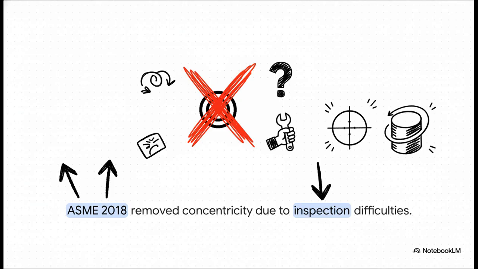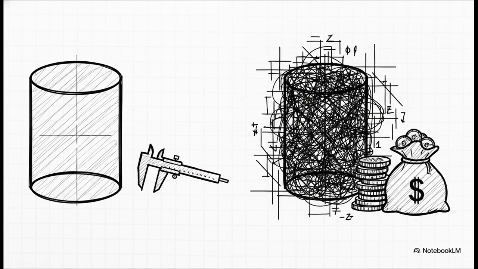Literally gone. Why? Because they were universally confusing, constantly misapplied, and an absolute nightmare to inspect since they relied on deriving theoretical median points instead of just checking the physical surface. With those old symbols out of the picture, position and runout controls have officially become the definitive, practical options for controlling coaxial features.